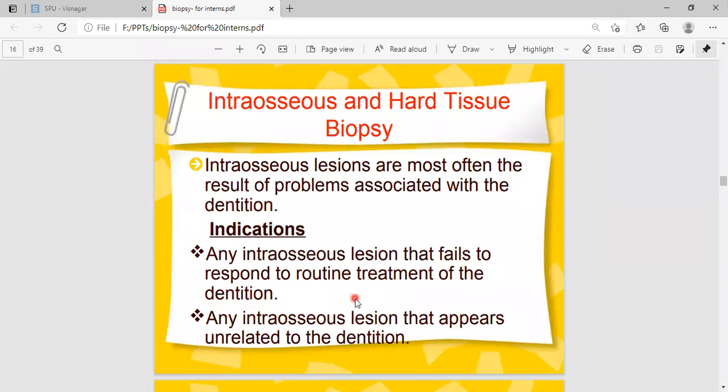It can be a hemangioma. So you can use a thick gauge needle, penetrate and do the aspiration. First, aspiration has to be done before going for the biopsy. Use a trephination technique, then do the biopsy in intraosseous lesions.